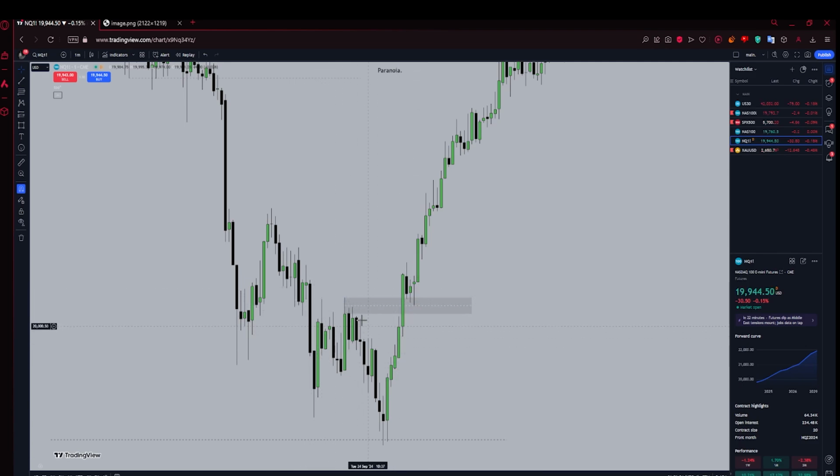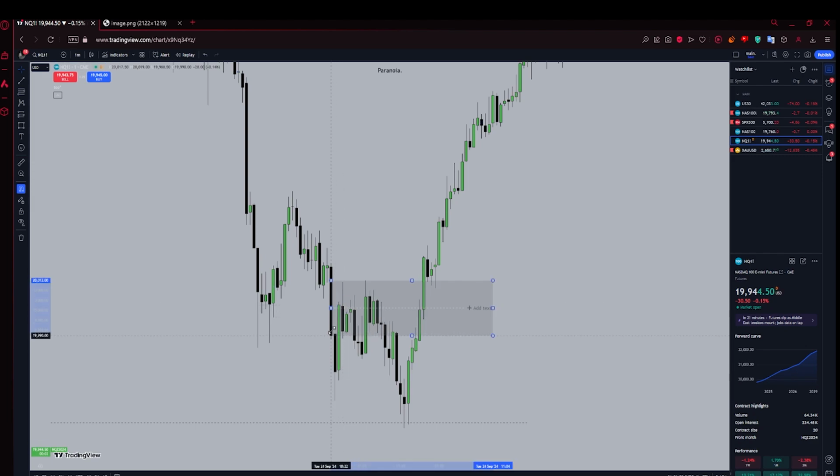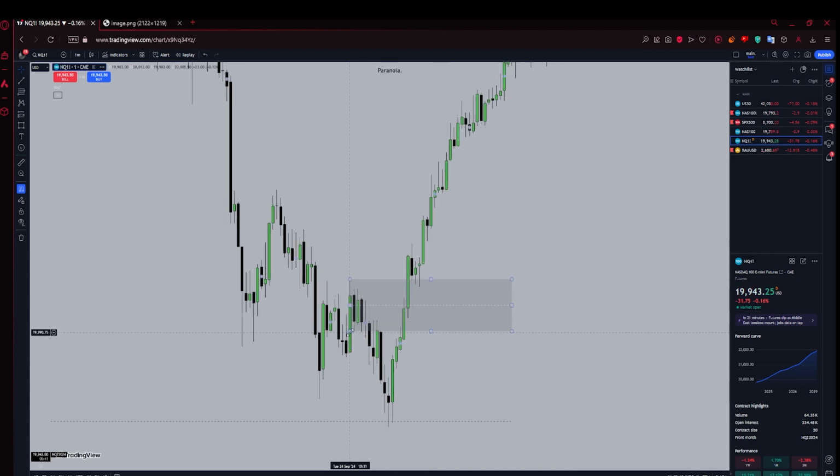How are we looking to find entries here? One really good entry would be this inverse gap. We can see how it displaces it, taps into it, and goes higher. Or maybe you use breaker blocks like I do a lot. So maybe your breaker block is like this. You can see it displaces, taps into it. All of them are correct. There are many different entry models to go with this.